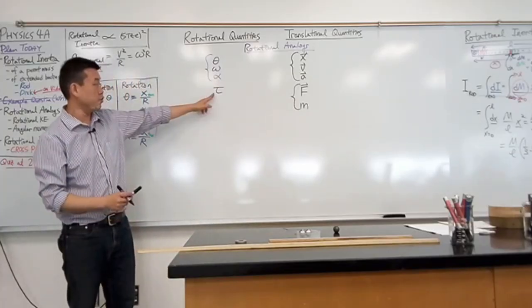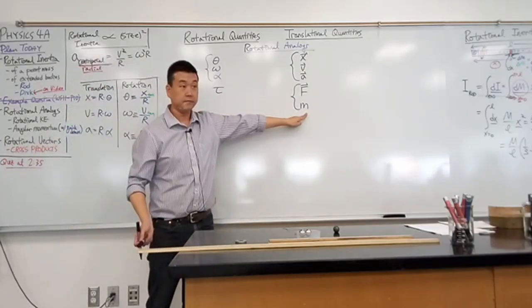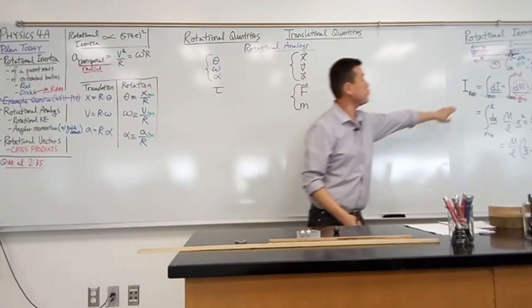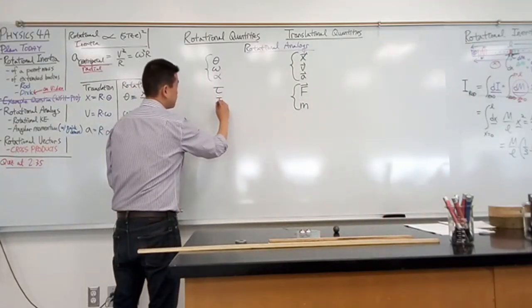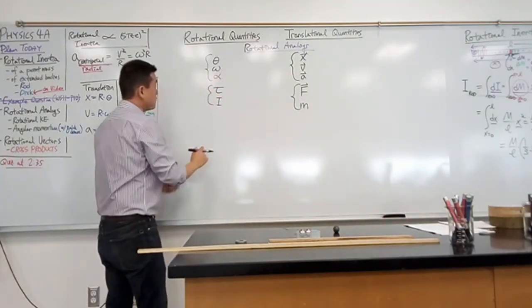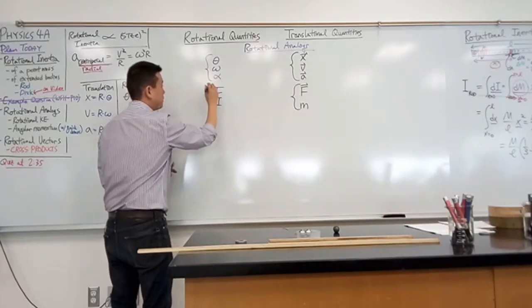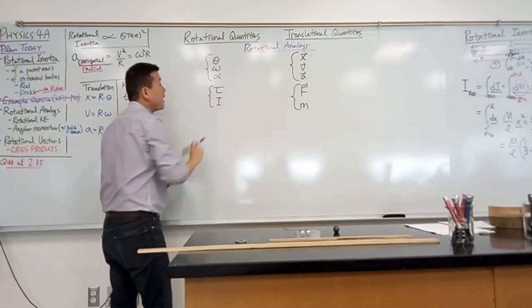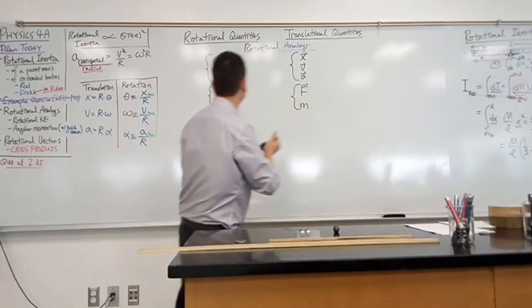And as you introduce torque, you have to have a quantity that's similar to mass. And that's what we just finished introducing, rotational inertia. So that's the analogy, so let me just draw the line of analogy.